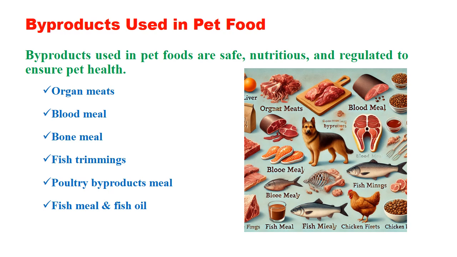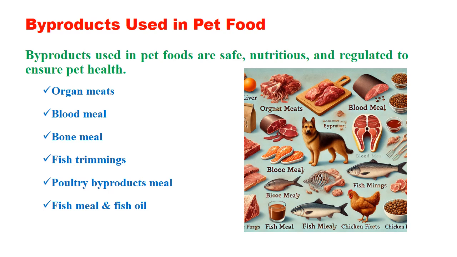Once again we will see the common byproducts used in pet food. The byproducts used in pet foods are safe, nutritious and regulated to ensure pet health, and some of the common ingredients from byproducts used in pet food production are organ meats, which I have already told, lungs, kidney, sometimes brain, and the blood meal.